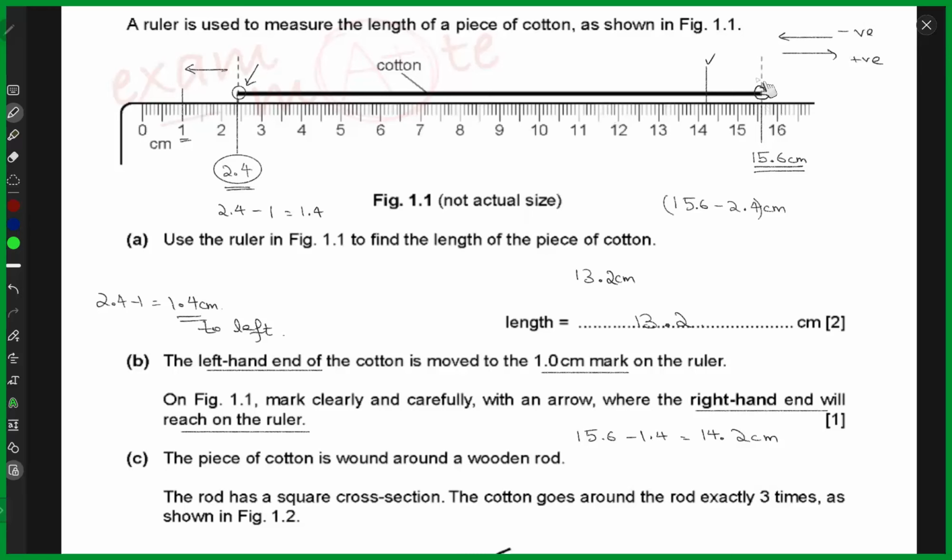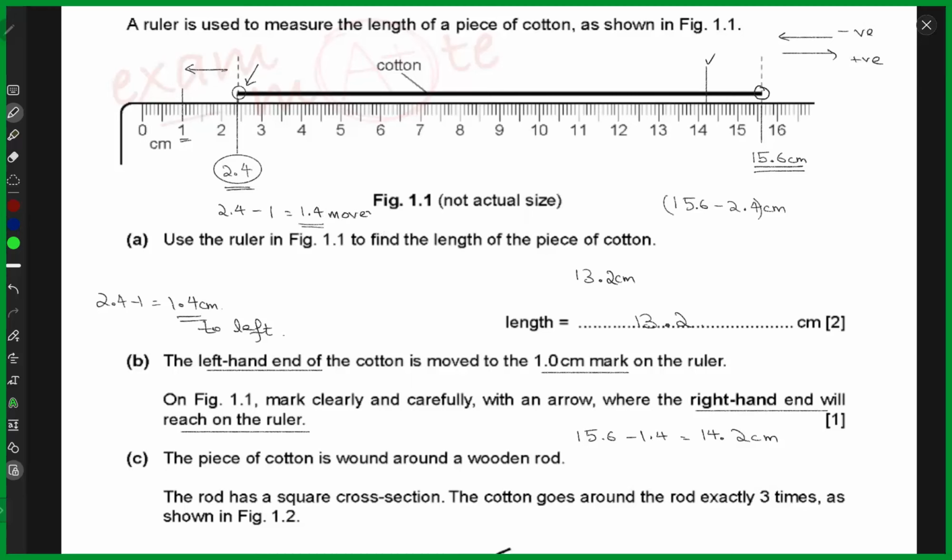So if I want to see where the right end would be, I will subtract 1.4 from the value where it is right now. It's at 15.6. The right end is 15.6. So I'll subtract this distance 1.4, which is moved to the left.